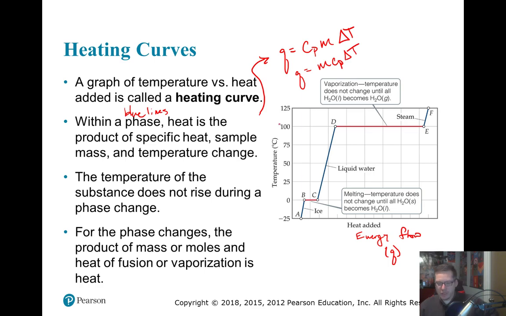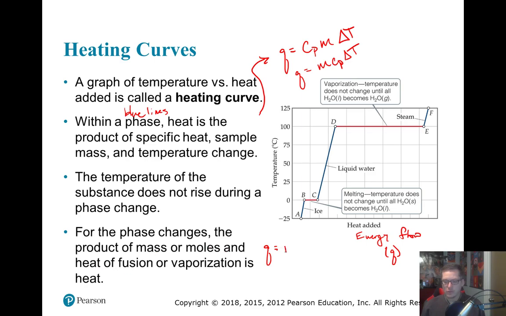So when we're within a phase, so just ice, so we're at these non-horizontal parts, the blue lines here, we can use MCAT to calculate the Q. But once we're in phase changes, the heat will be equal to the product of mass or moles and the heat of fusion.